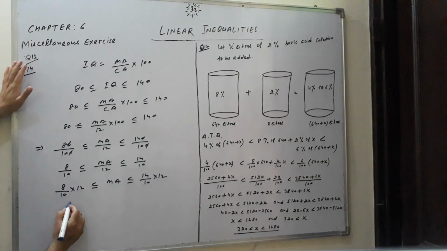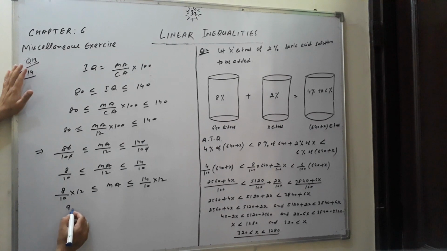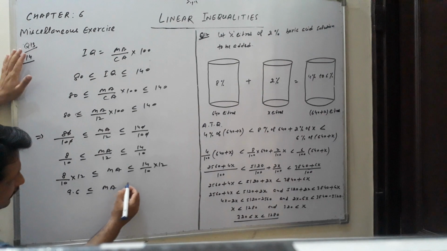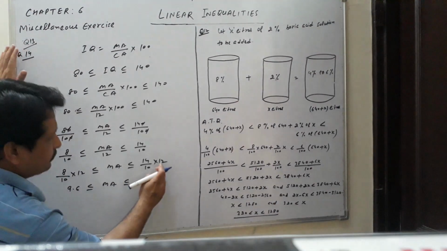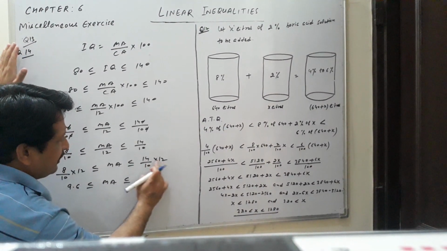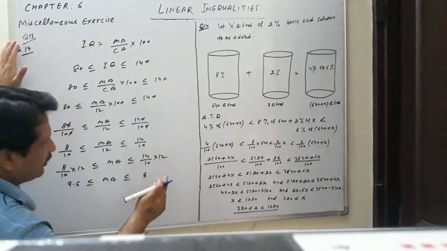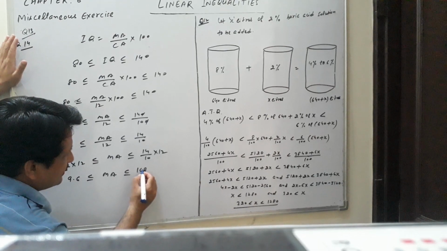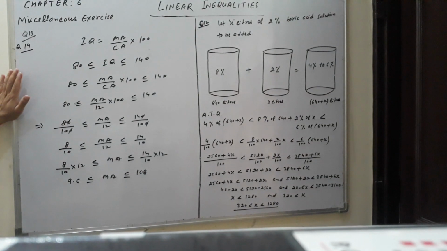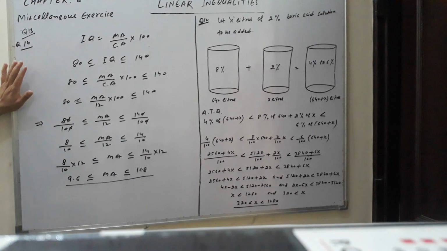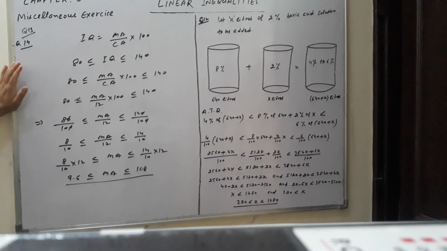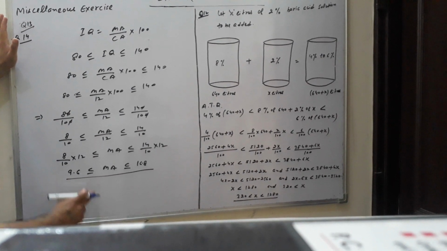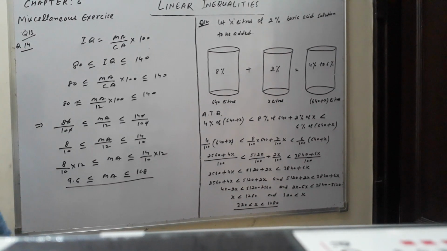So it will come as 96 divided by 10, which means 9.6. 9.6 is less than or equal to MA is less than or equal to, we will multiply it, 16.8. This is the range of the mental age then students. It means the mental age of that child will lie between 9.6 and 16.8.